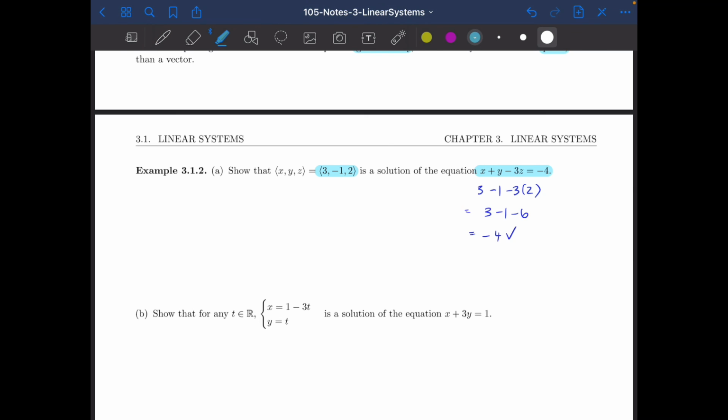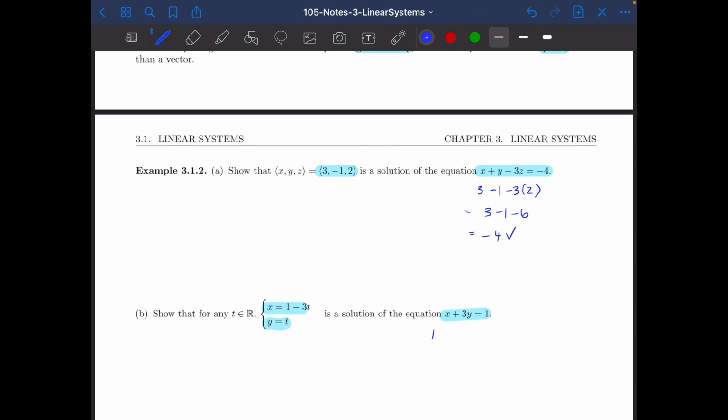In part B, we want to show that for any t in R, x equals 1 minus 3t, y equals t is a solution of the equation x plus 3y equals 1. This potential solution is presented to us in a different form, in parametric form. Again, we're going to plug in x and y into the equation on the left-hand side and see if we obtain the right-hand side, 1 in this case.